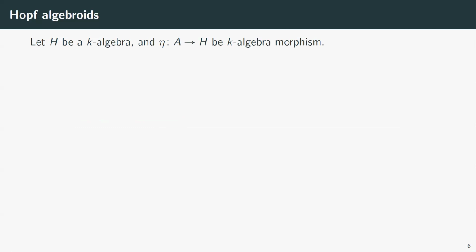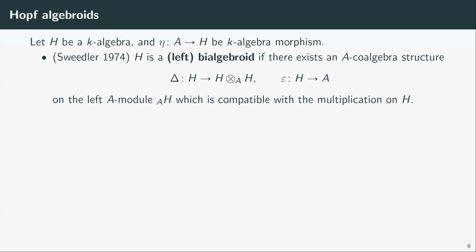We want to have an A ring, that is a K algebra H together with a K algebra morphism from A to H. Then we say that H is a left bialgebroid if there exists an A coalgebra structure on H considered as a left A module, so that the co-multiplication is compatible with the multiplication of H. Here the difficulty is that the image of eta is not included in the center of H in general.